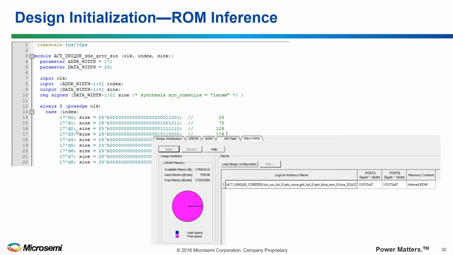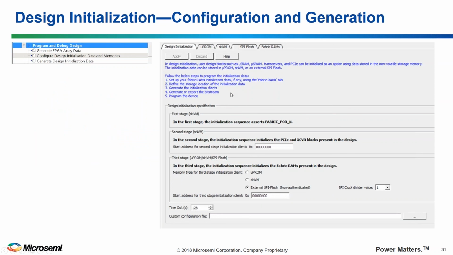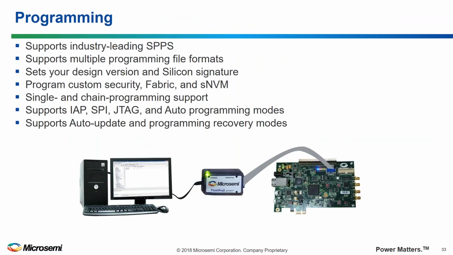After I synthesize this and go through all my layout steps, and I get to where I'm going to initialize the memory, if I go to the Fabric RAMs tab, I would see the RAM that's implemented to work as a ROM, and I could load the design configuration data, bring in the memory file that I want to use, and on the design initialization tab, I can specify where I want that initialization data to be stored, either in the microprom, the SNVM, or an external SPI flash, and we can program this external SPI flash from Libero SoC PolarFire.